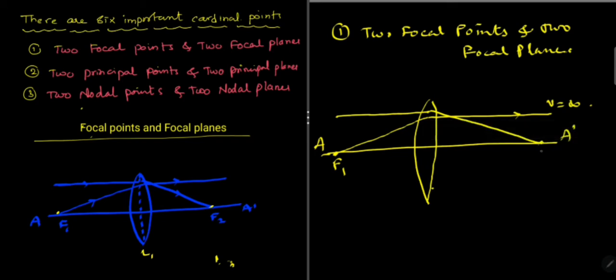This point is called the second focal point. So F1 and F2 are the focal points, focal point 1 and focal point 2.